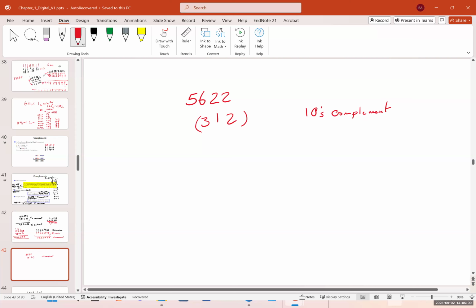What is it? No, the 10's is going to be 8, right? So 6, 8, 8. The 9's complement is going to be 7, 8, 6. Yes? And I add 1 to it, so it's going to be 6, 8, 8.